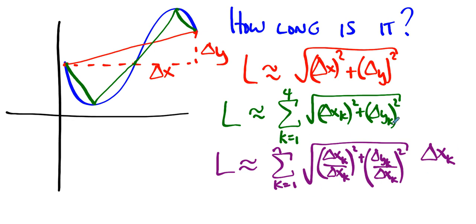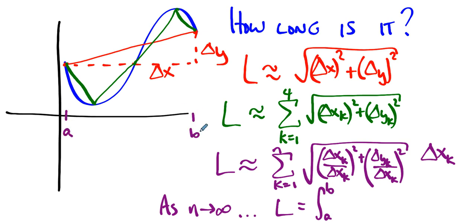This is a Riemann sum. And so as n goes to infinity, we get arc length. It's an integral from a to b, where this is a and this is b, of the square root of 1 plus delta y over delta x squared, dx.